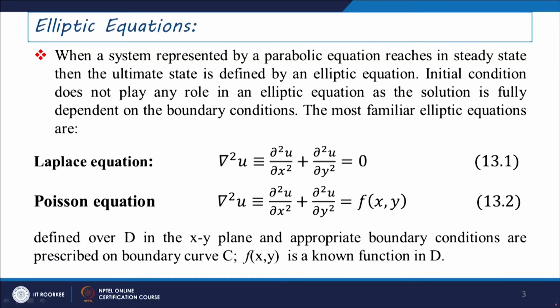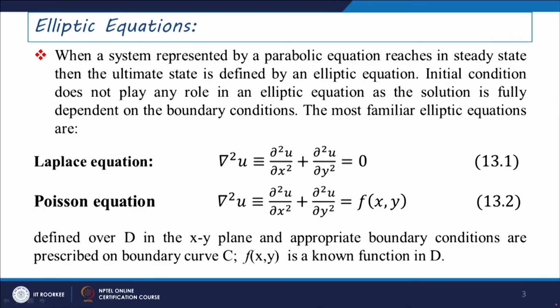If we are representing any type of parabolic equation, then when it reaches a steady state, since in two dimensional nature, whenever we are dealing with parabolic equations, it is written in the form of del u by del t equals del square u by del x square plus del square u by del y square.